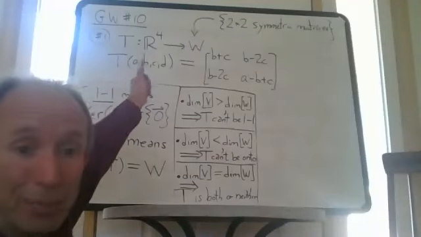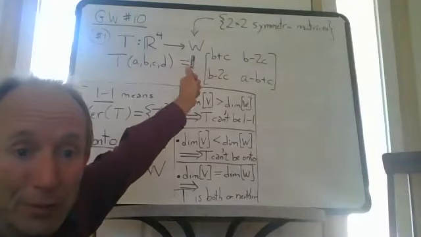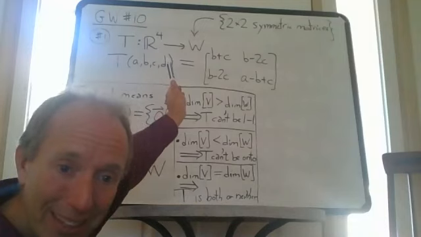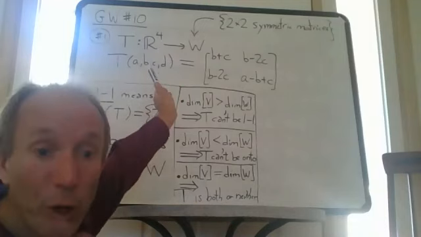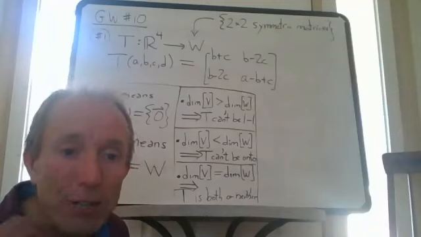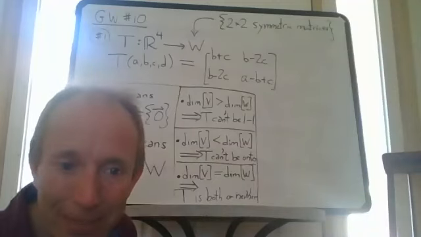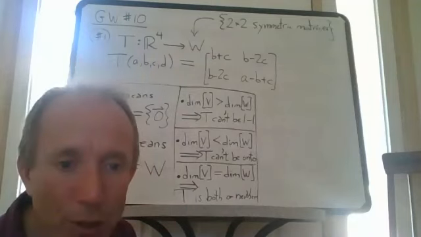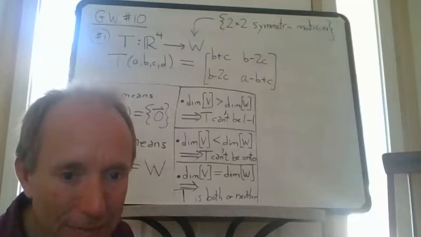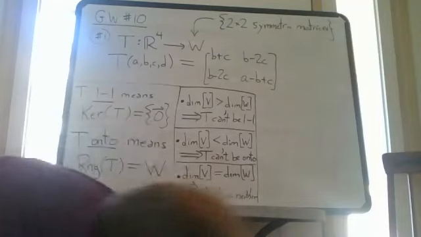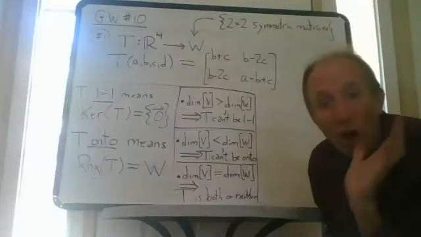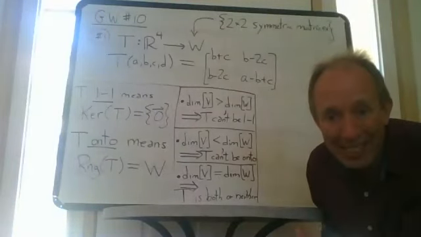Let's look at this problem. R4 to W. What's the dimension of R4? Just 4, right? So the dimension of V is 4 in this case. What about W? What's the dimension of the 2x2 symmetric matrices? It's a little bit of a trick question, so you have to be careful because I'm not talking about all 2x2 matrices.